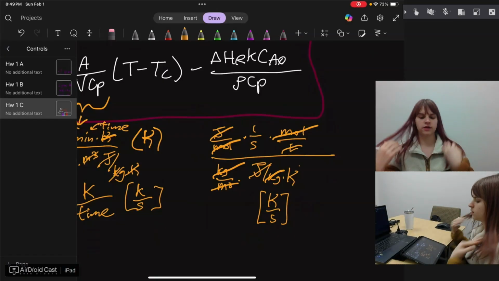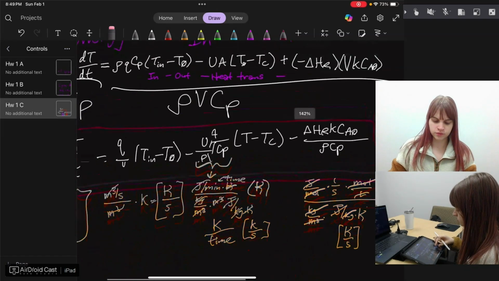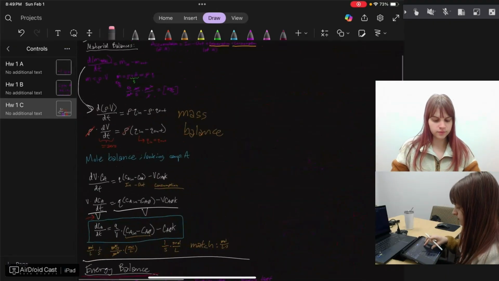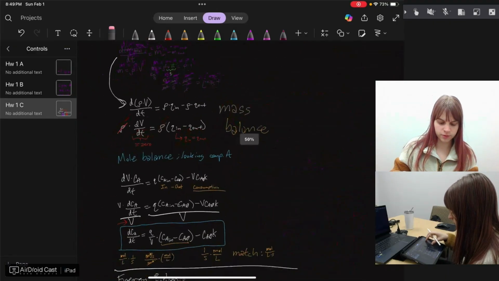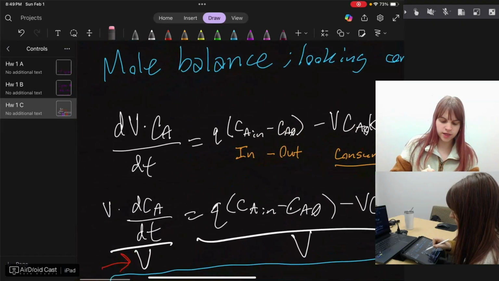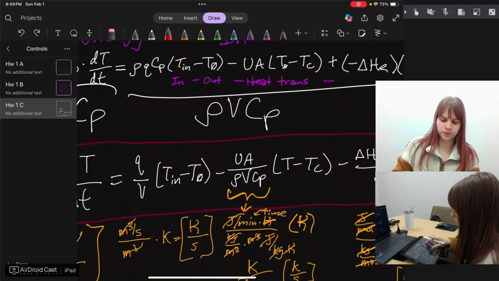Another thing I would like to highlight in my equations, starting from the material balances, we're looking at the change with the concentration of A over time.